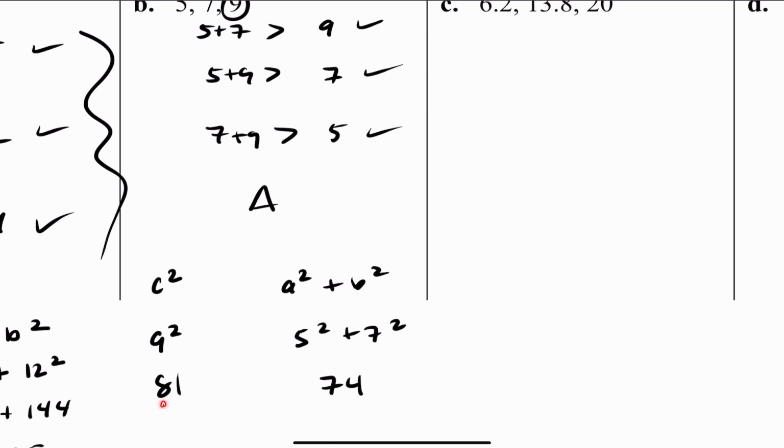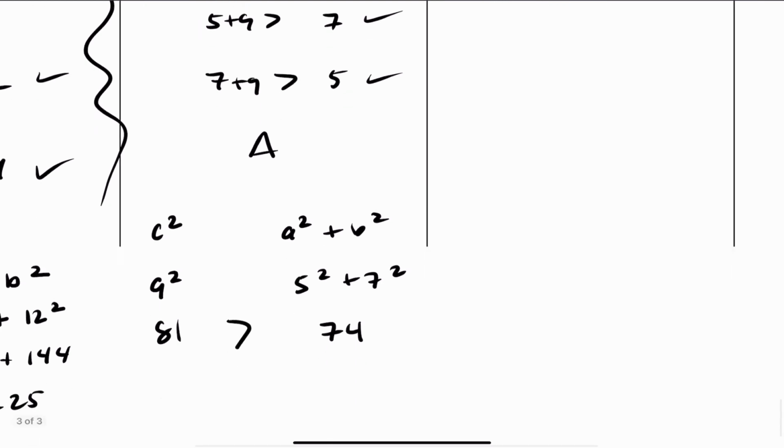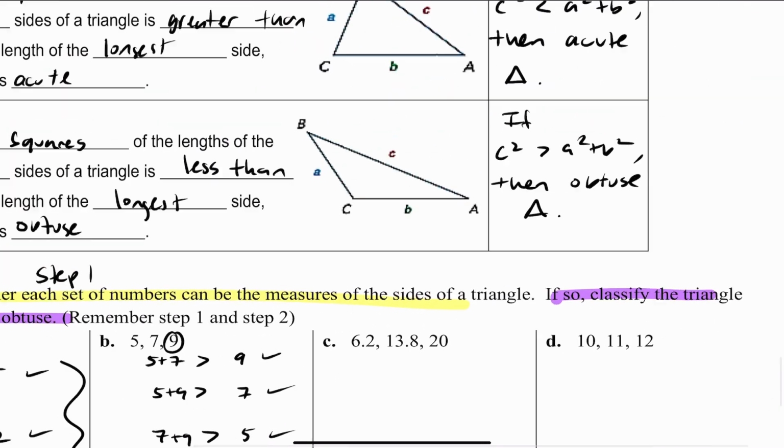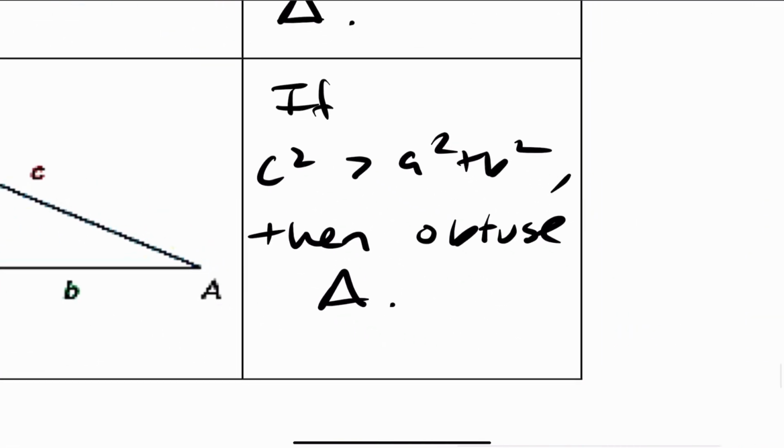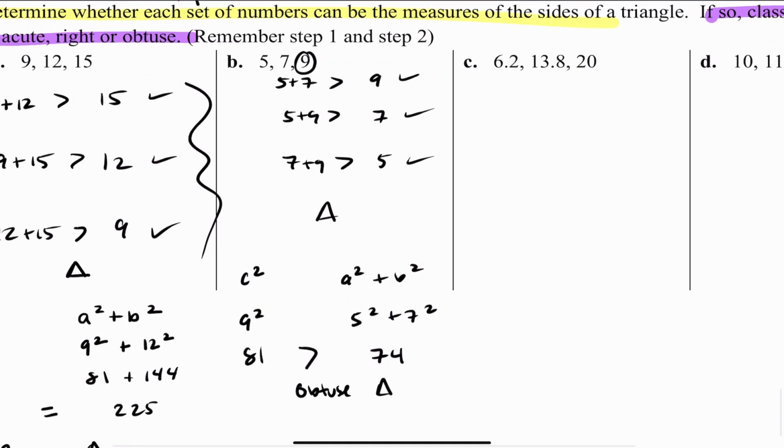Now compare 81 to 74. 81 is greater than 74, so we have an obtuse triangle, because if c squared is greater than a squared plus b squared, then it is an obtuse triangle.